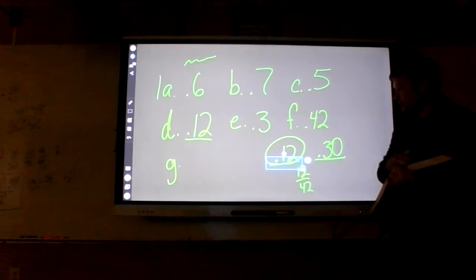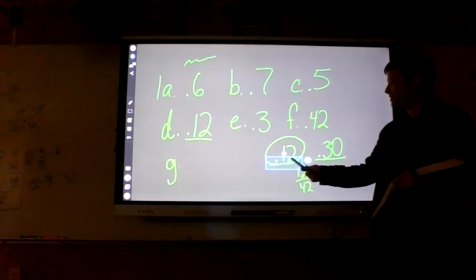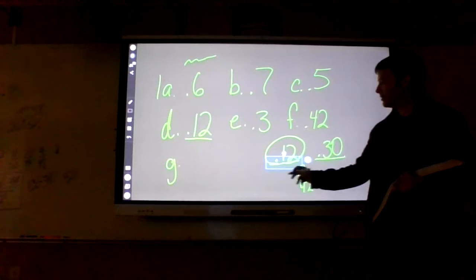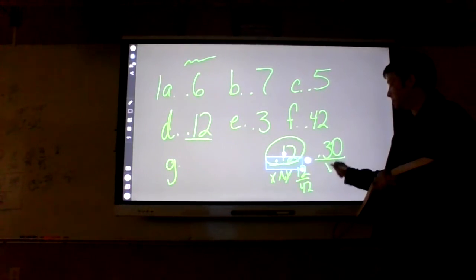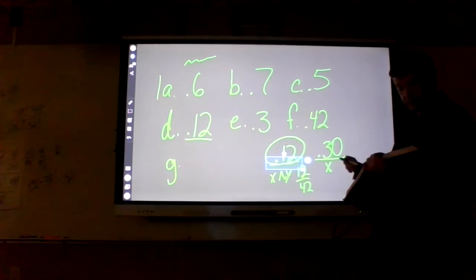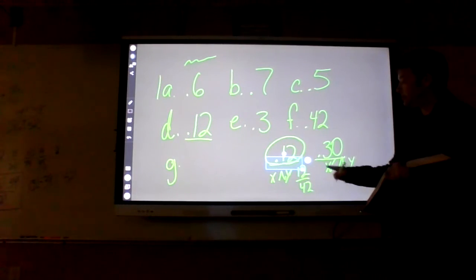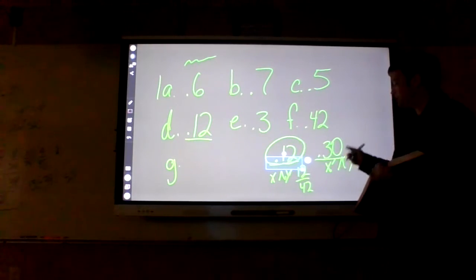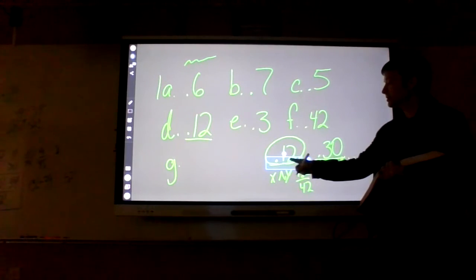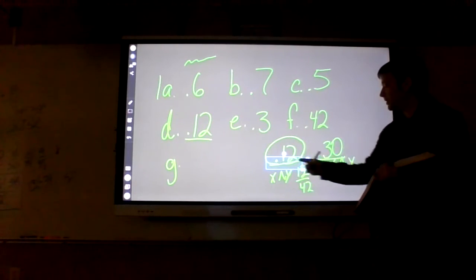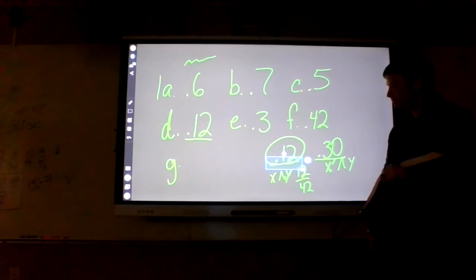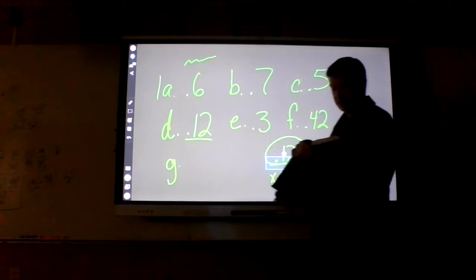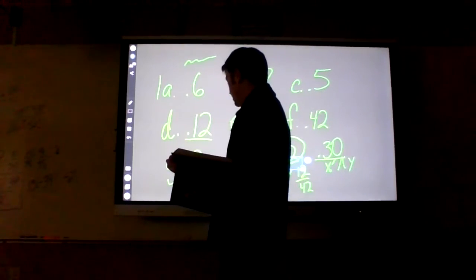I don't know if there's an easier way to explain that. There's a 12% chance X and Y happened here, then a 30% chance of not X and Y over here. But they're saying, given that one of these is going to happen, what's the odds it's this one? So it was 12 out of the total, 42, which is 0.286. We'll just keep going here.